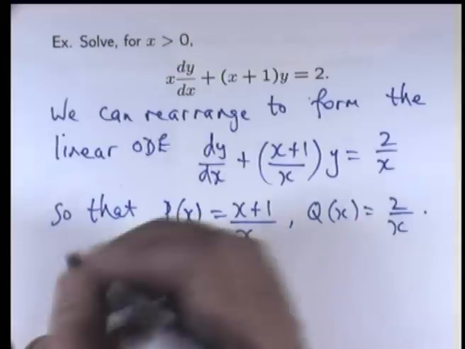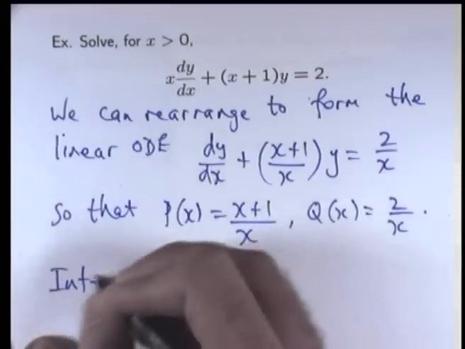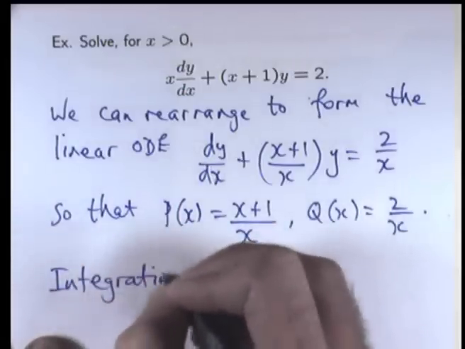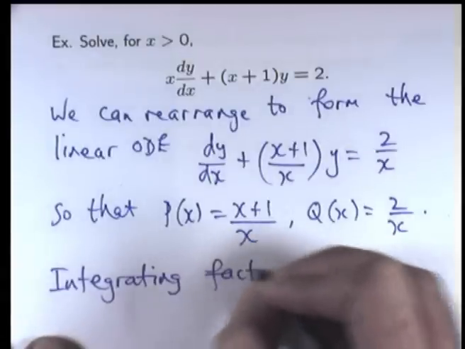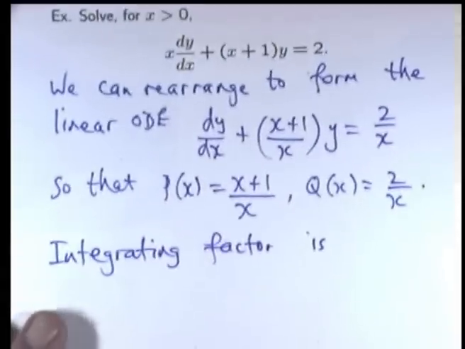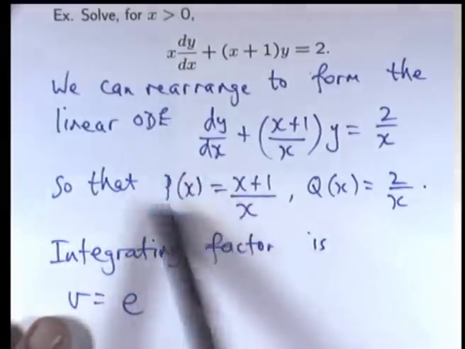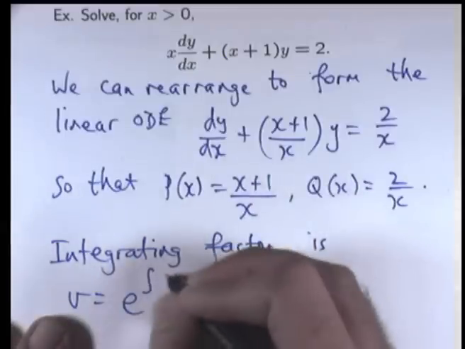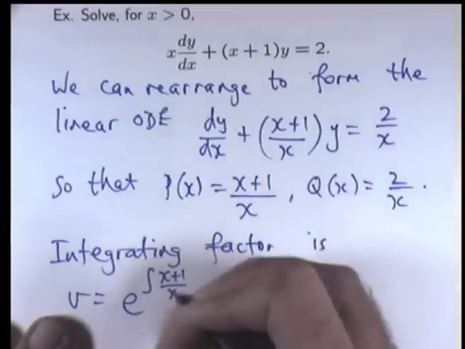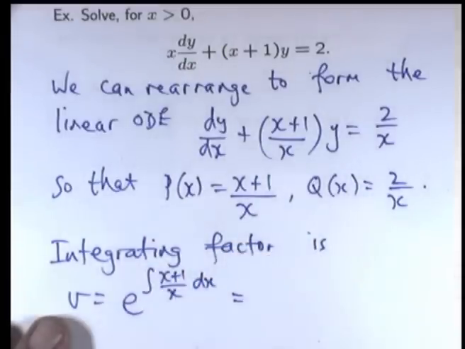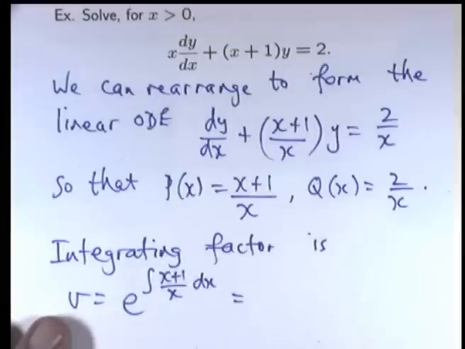The integrating factor is the following. v equals e to the integral of p of x. So it's e to the integral of x plus 1 over x dx. Now we have to integrate this.